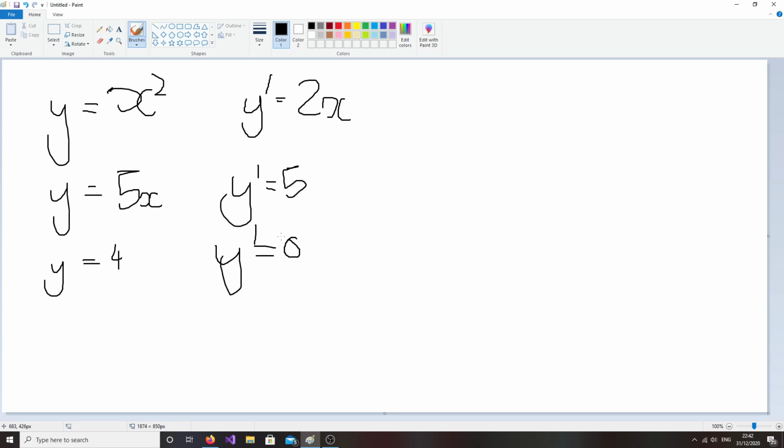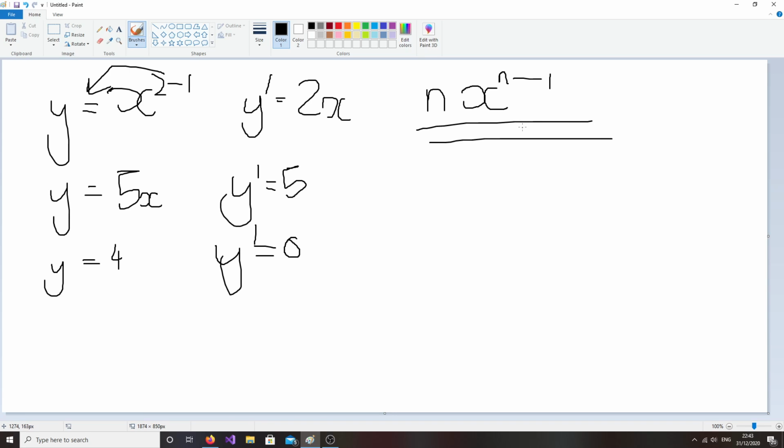You might see a common pattern. What you do is take away 1 from the power, and then you take the power to the front. So we could write it like this: n x to the power of n minus 1, and that's the equation of the differential.